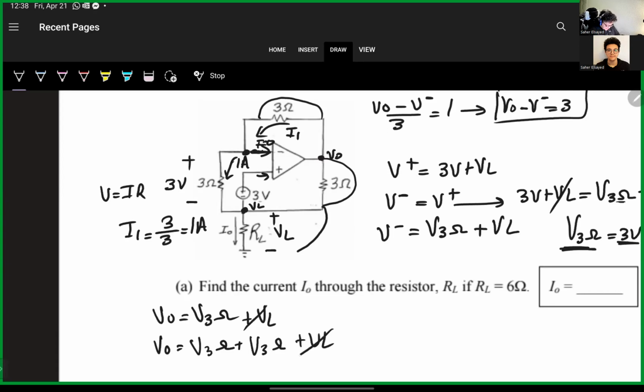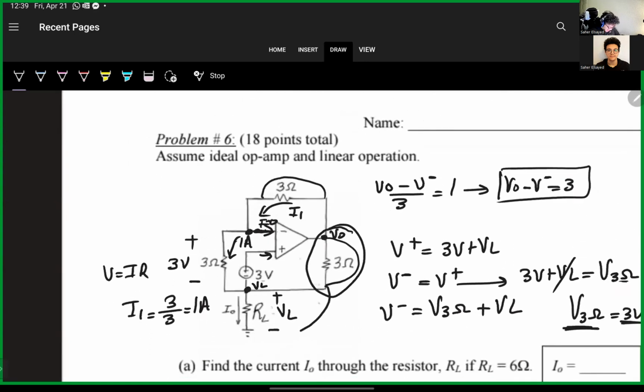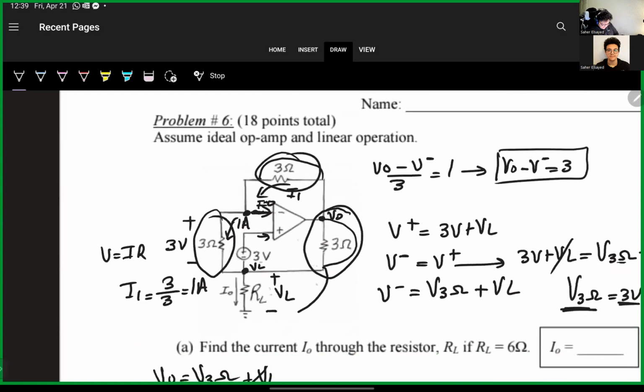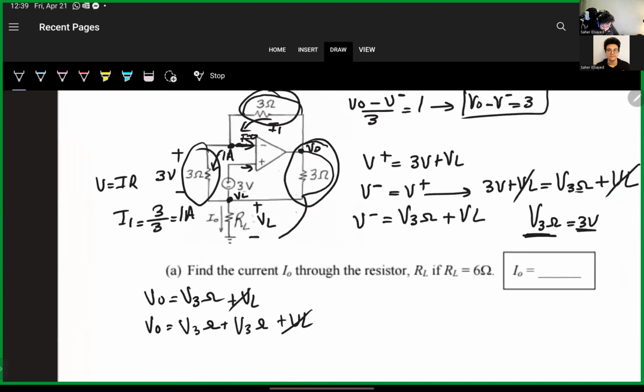So if we cancel this out, the voltage across this is the same as the voltage across this plus the voltage across this. You would say, how? That doesn't make sense, right? Well, you'll understand how. We'll figure it out together.